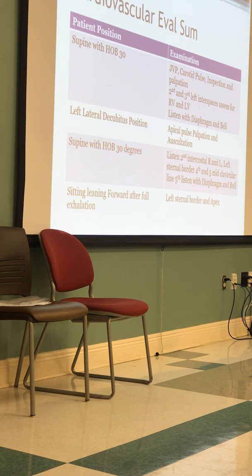All right, we talked about palpating for JVD. When we're examining the cardiac patient, we need to have the patient at a 30-degree elevation. We're going to palpate for jugular venous pressure and the carotid pulse.